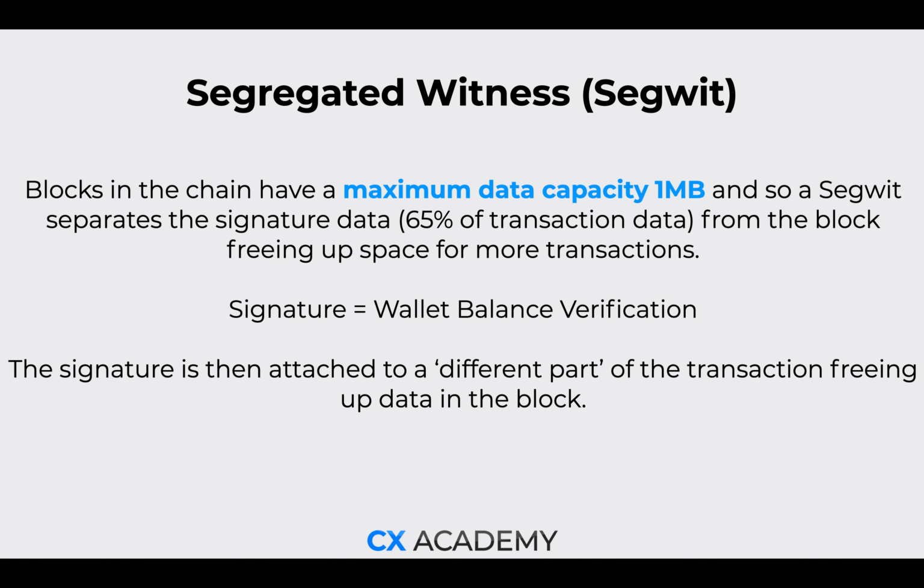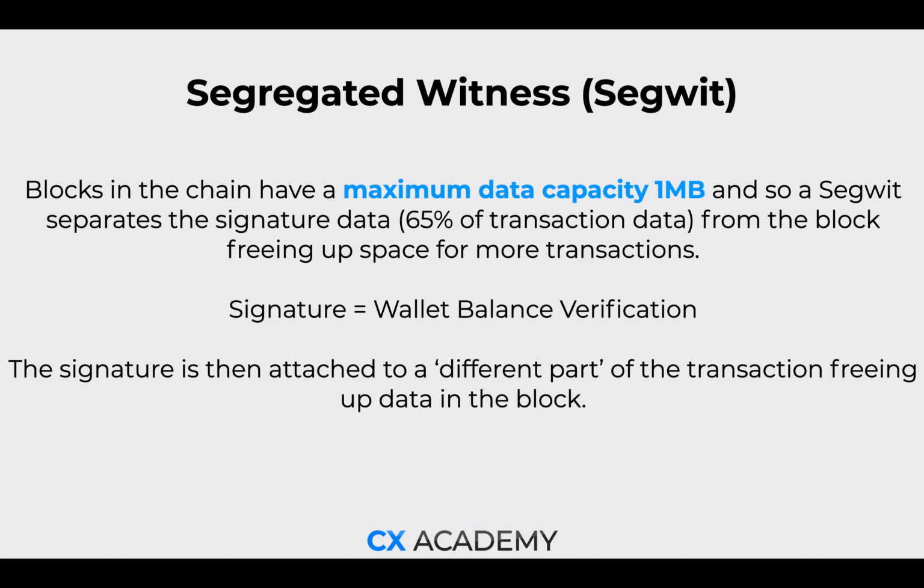And so Segwit separates the signature data, which is around 65%, a massive percentage of the transaction, away from the block, freeing up space for more transactions. Essentially, the signature is the wallet balance verification, so it's very important to have this. The signature is then attached to a different part of the transaction, freeing up data within the blockchain.